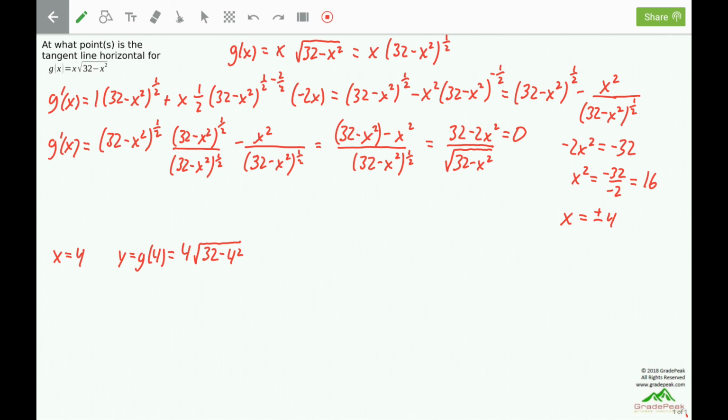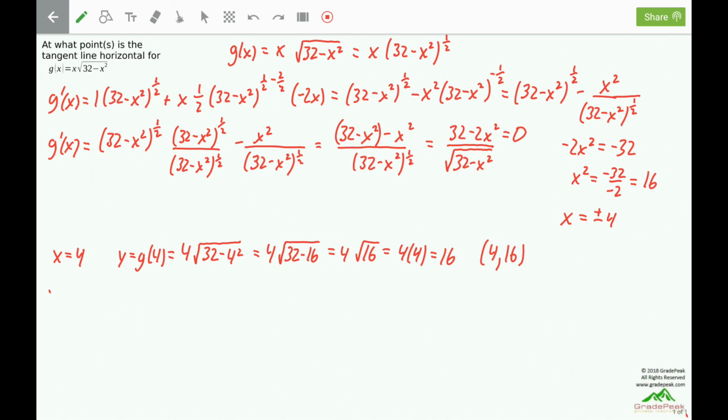So 4 times the square root of 32 minus 4 squared. That is 4 times the square root of 32 minus 16, which is 16. We'll have 4 times a 4, and 4 times a 4 is a 16. So we have the point with x coordinate 4, y coordinate 16.